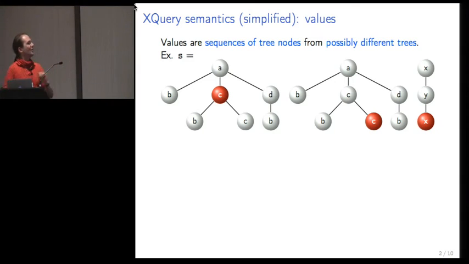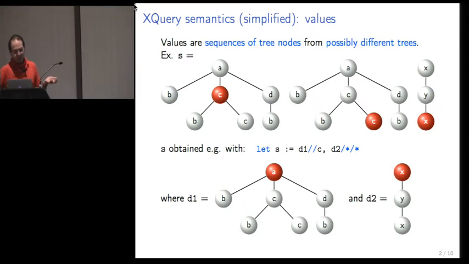You don't write a literal value like this. The way you obtain such a value is by applying some requests on documents. You always start from documents which are trees.